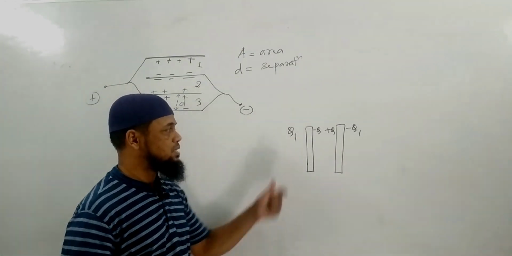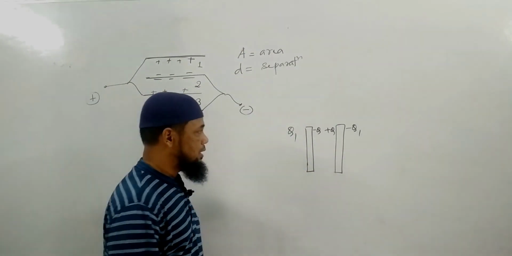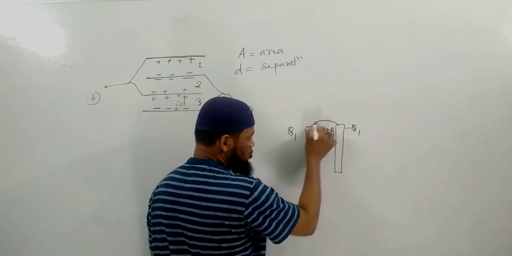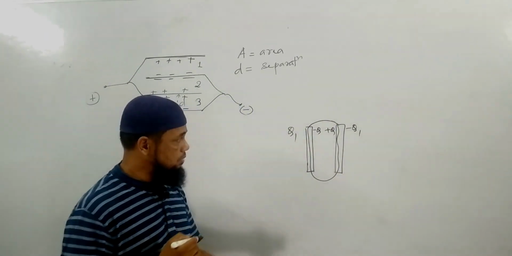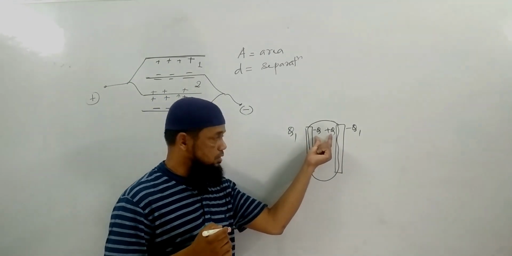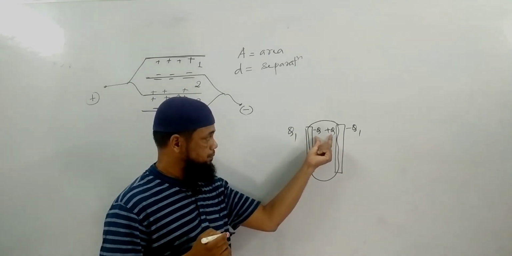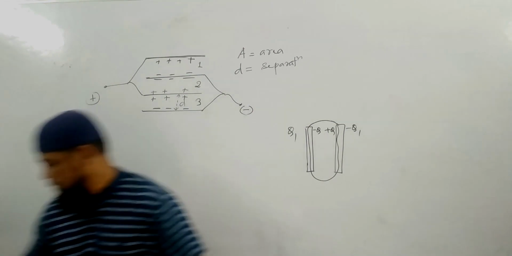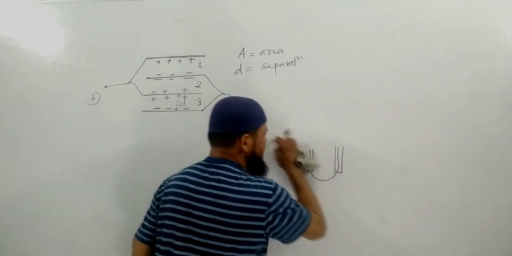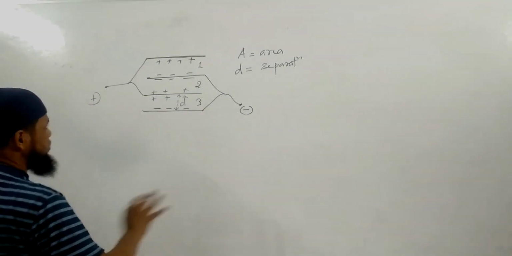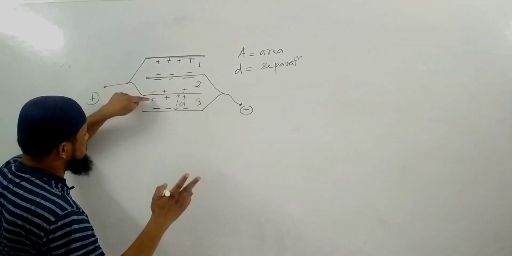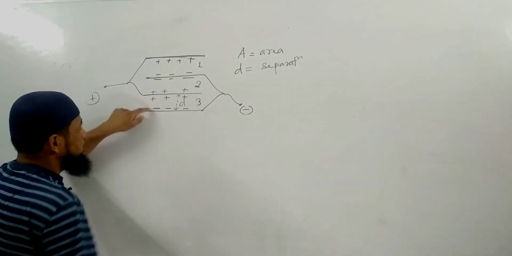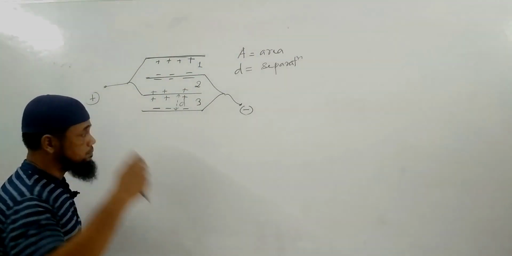Suppose we have this kind of distribution of charge. Then remember, capacitance will be calculated by the charge present on these particular surfaces. Let me not bring all these things here again, but here you need to understand positive negative one capacitor, negative positive another capacitor, positive negative another capacitor. So we have here three capacitors.